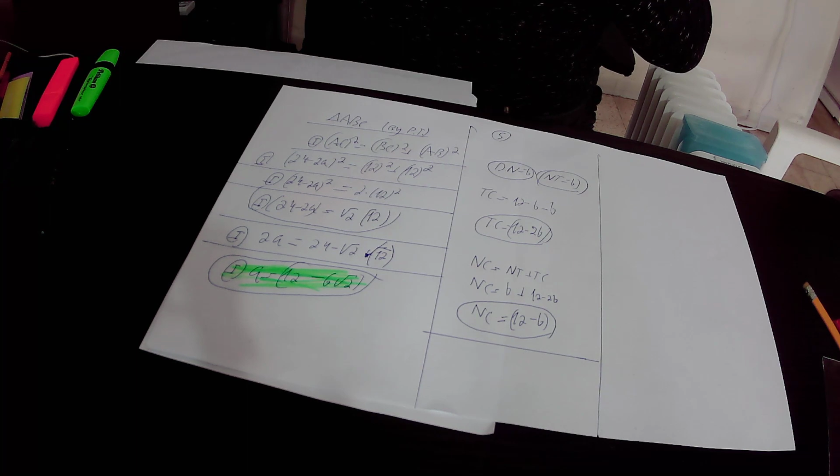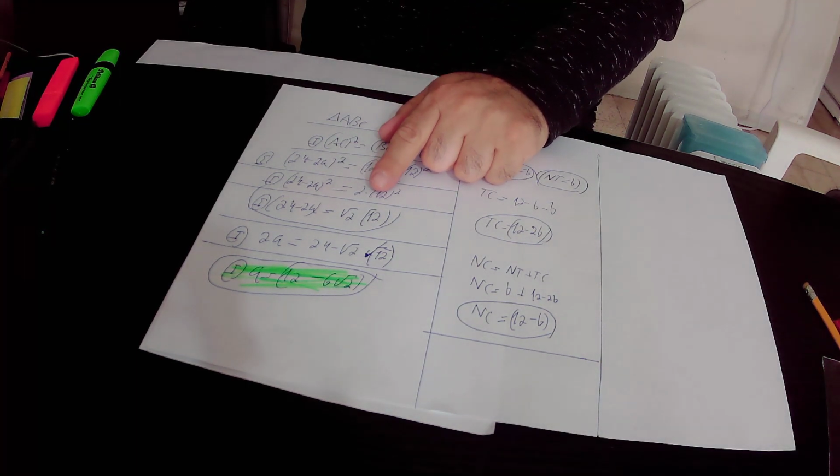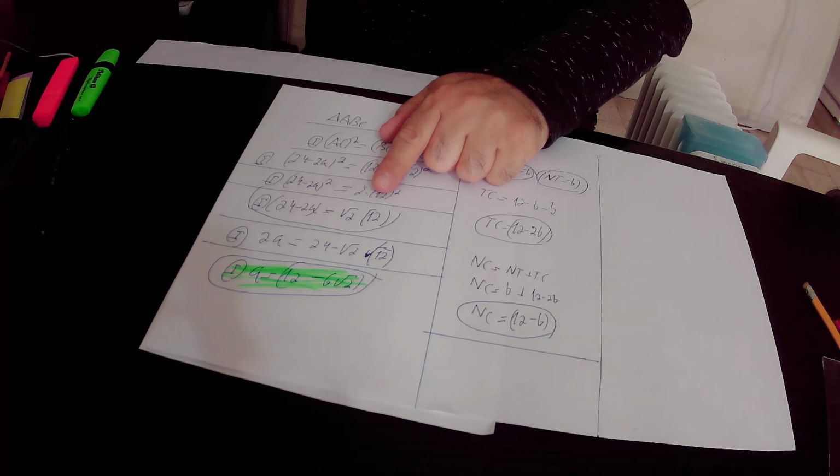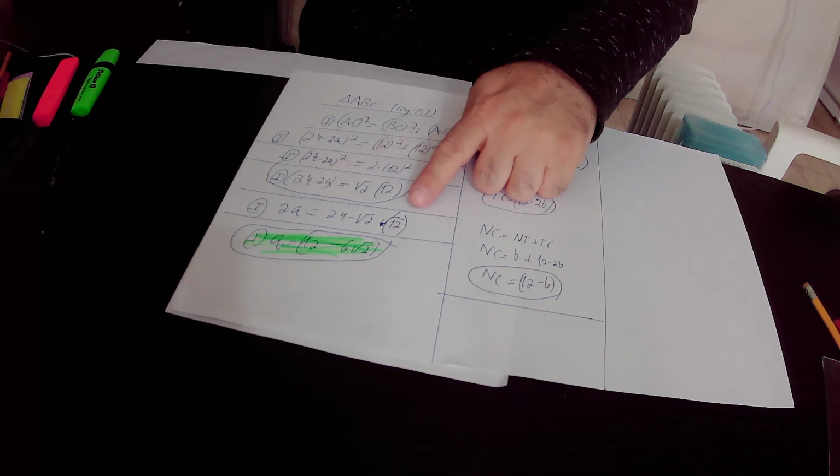So 24 minus 2A equals square root of 2 times 12. Here we added 2A to this equation and subtracted square root of 2 times 12, and we found out that 2A equals 24 minus square root of 2 times 12.